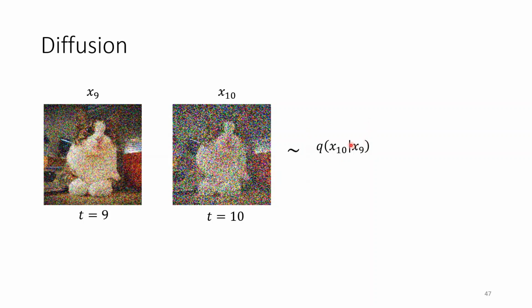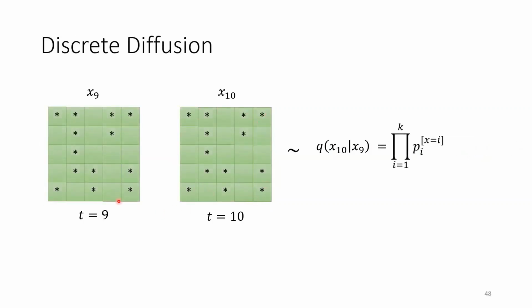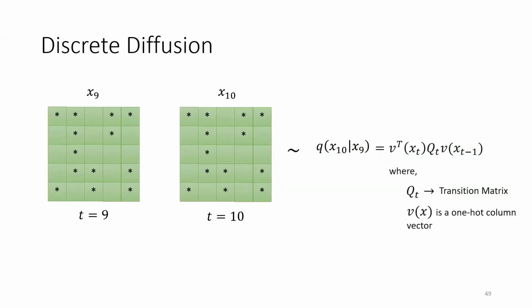In standard diffusion, you know this is a normal distribution. But in our case, the input, the latent space, is not pixel space but rather the discrete code representation space, and the transition probability is a categorical distribution, which as we saw is represented by this equation: x_t transpose Q_t v(x_{t-1}), where Q_t is the transition matrix and v(x) is the one-hot column vector.